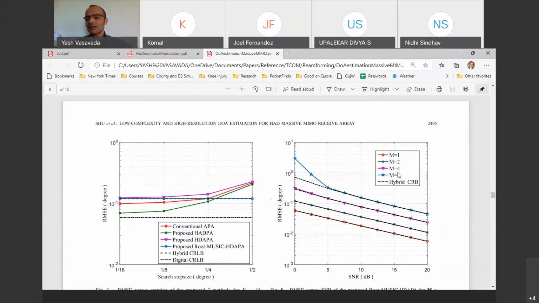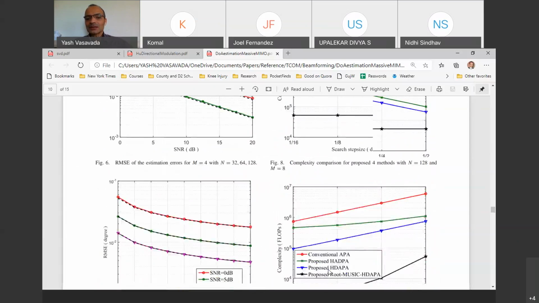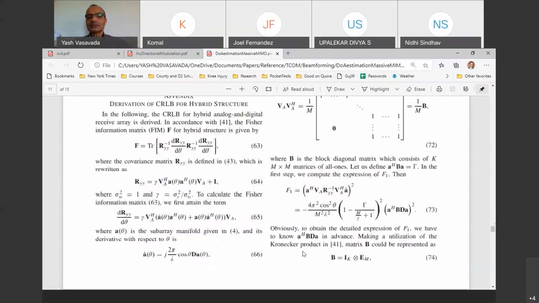Obviously, when the subarray size becomes more, the performance deteriorates. But still at 10 dB, they get a pretty good angular estimation. It's less than, I would say maybe 0.2 or 0.3 degrees only. If you can estimate the direction of arrival to the accuracy of only 0.3 degree in the standard deviation, that is pretty good. So that is what their entire paper is about.